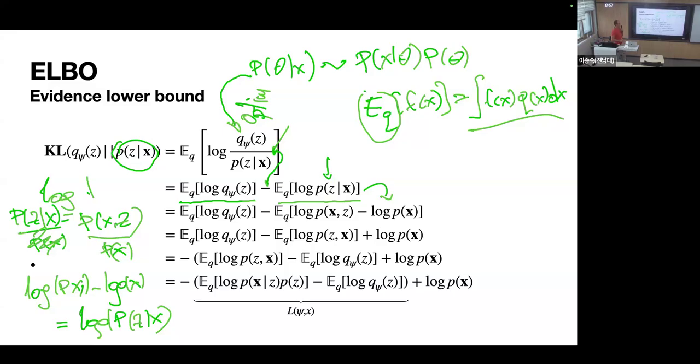Fine. Then this is changed because we are finding the expectation over Q, and I have here the logarithm of P of X. So if I write it like this, log P of X times Q of Z dz, this integral has nothing to do with integration over z.